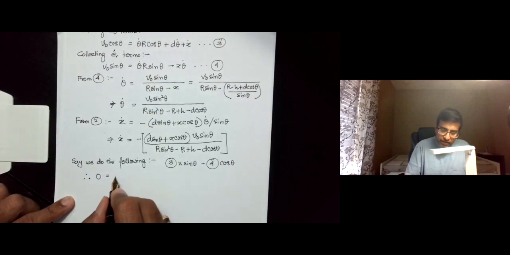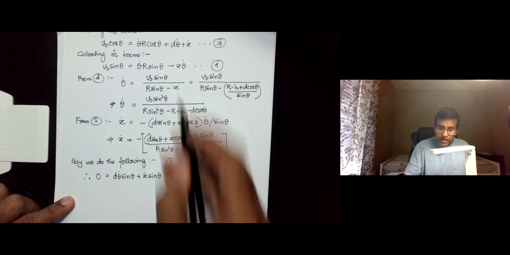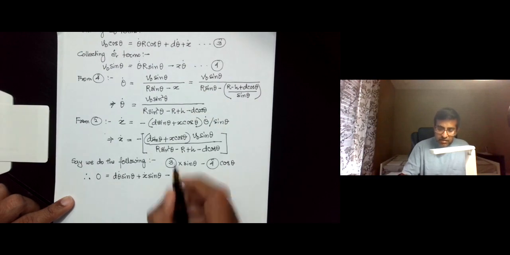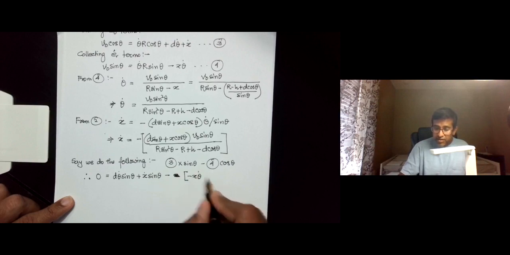So what you would have is d theta dot sine theta plus x dot sine theta minus minus x theta dot, so minus of minus x theta dot cosine theta.